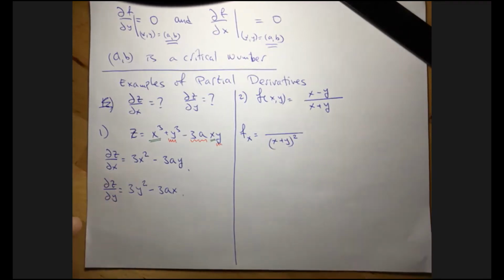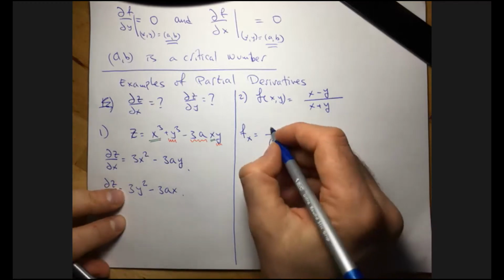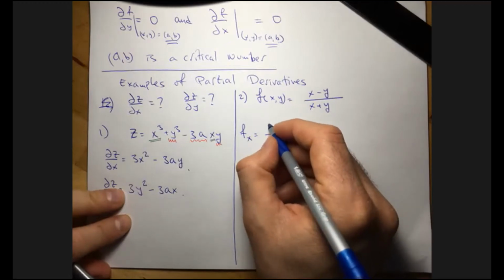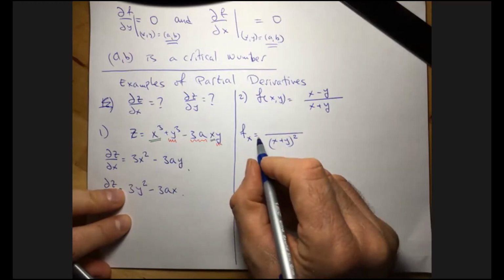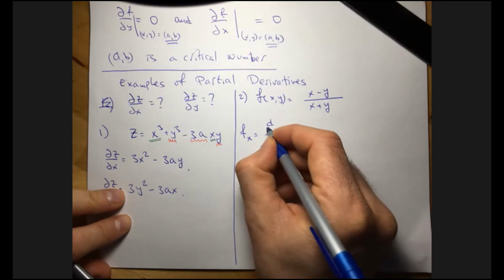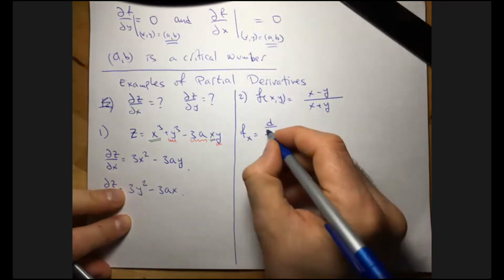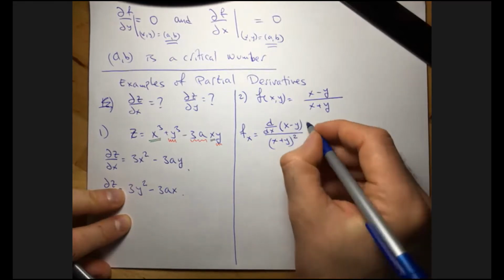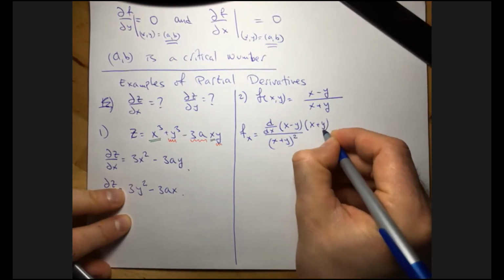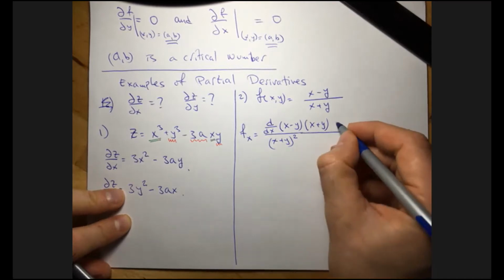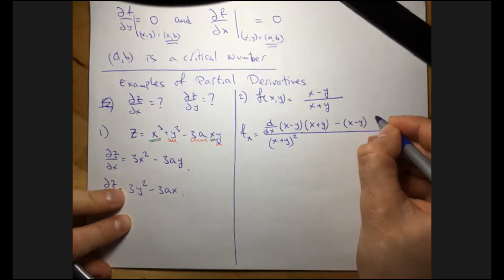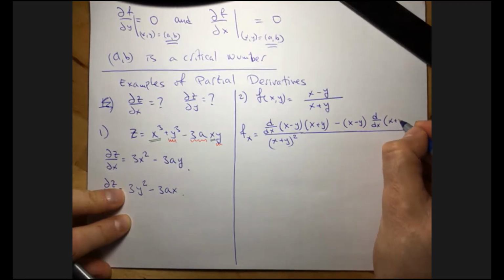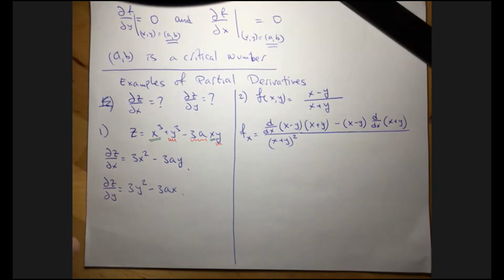By the quotient rule, we square the denominator right away, right? So this is going to be step by step, and then I'm just going to stop writing this. Because I'm treating y as a constant, this becomes normal derivative dx of x minus y, times the denominator, minus the numerator times the derivative with respect to x of the denominator, right?